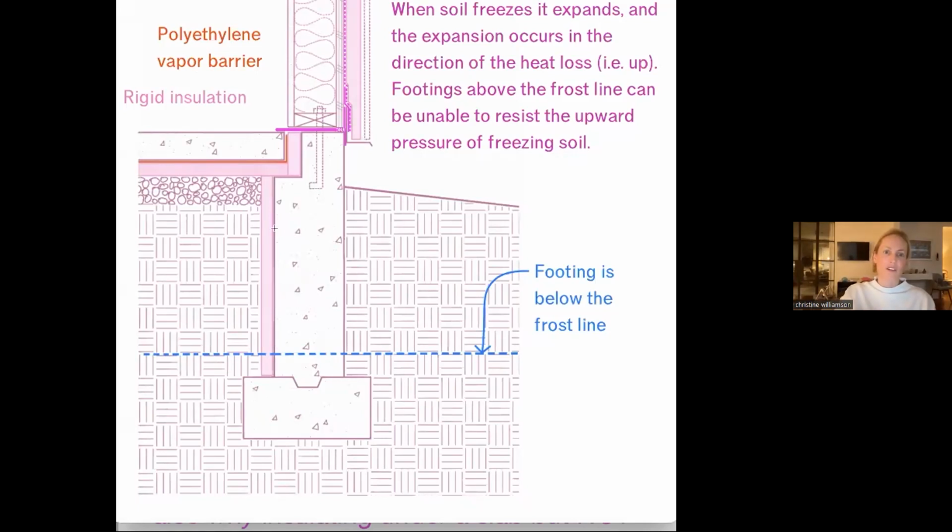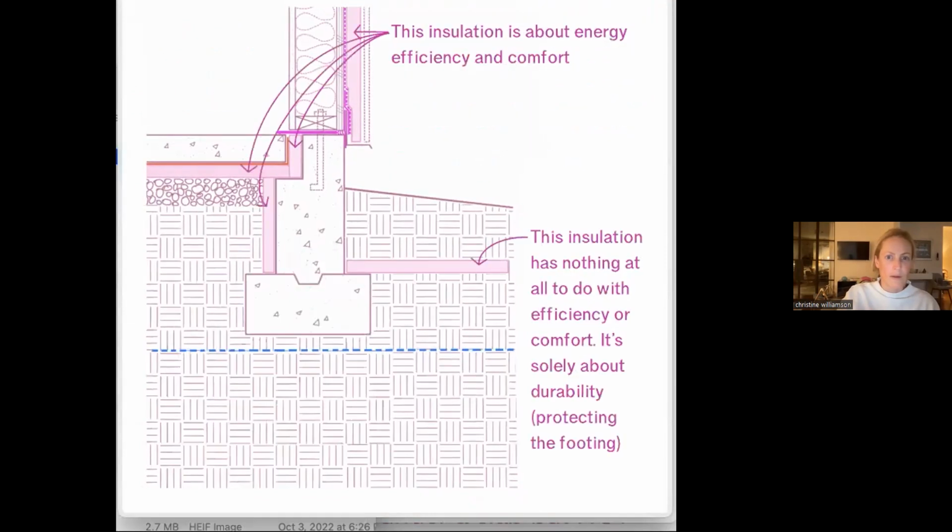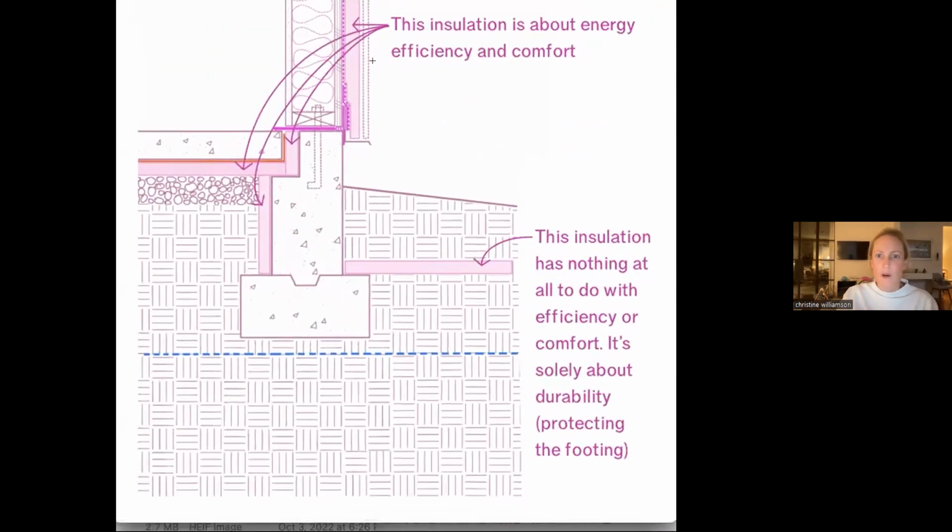So this ends up actually being quite helpful. And if you were to put this in perspective, let me show you, oh no, this one. So this insulation ends up being about comfort and energy efficiency, but this ends up being more closely tied to comfort, and this is more about efficiency.